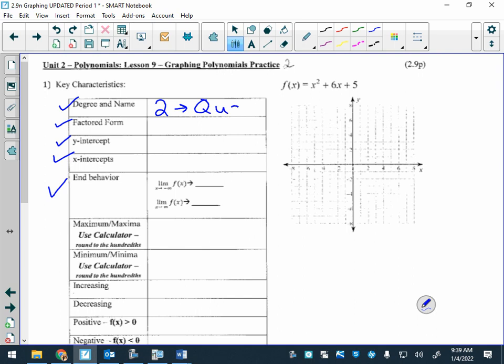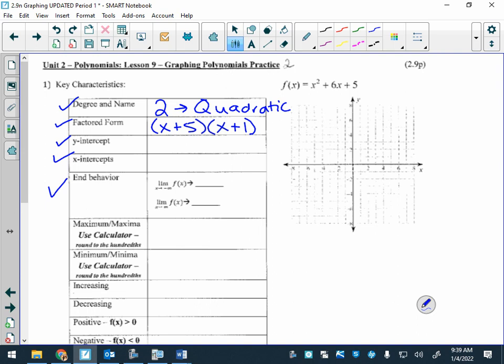Quadratic. Okay, that's all right. Okay, it's a degree of 2, and it's a quadratic. What is factored form? Yeah. Good. X plus 5, x plus 1.